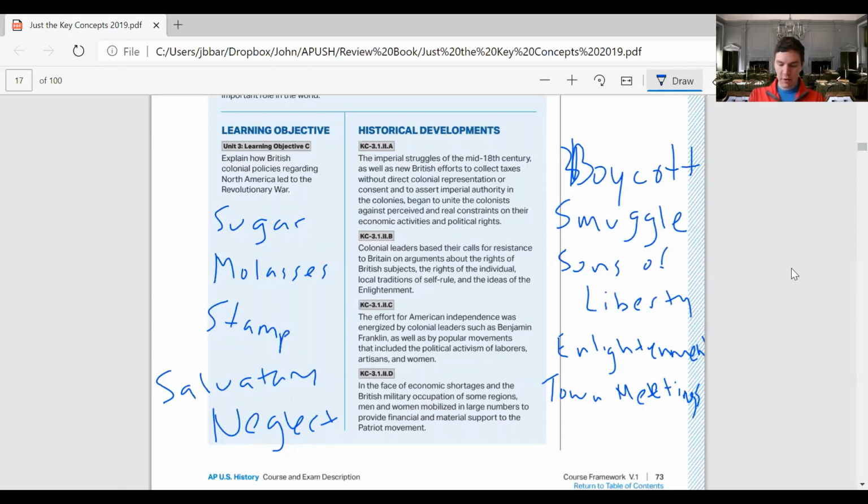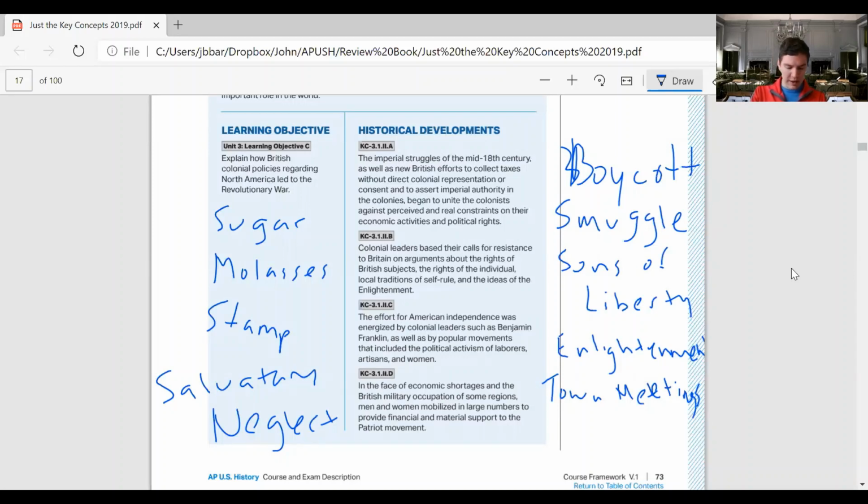So we have people like Benjamin Franklin and Samuel Adams, people who are able to question what Parliament is doing, and why it feels like they're taking away people's rights as Englishmen.